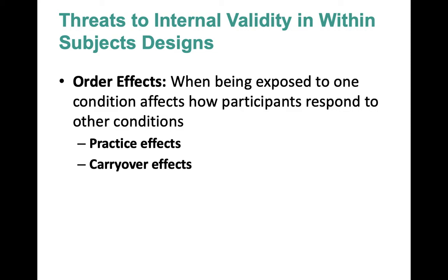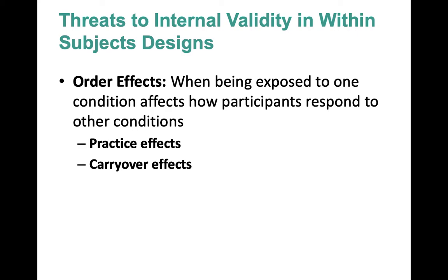If you have participants drink coffee and take a test, and then you want to have them drink decaffeinated coffee, the caffeine could still be in their system if you don't wait long enough before the second administration.